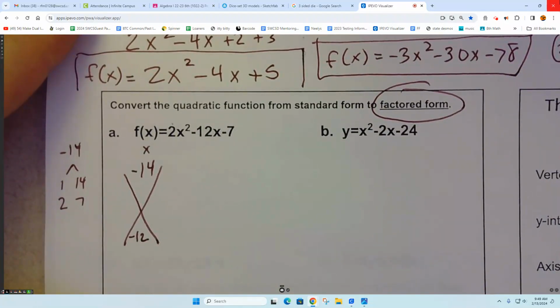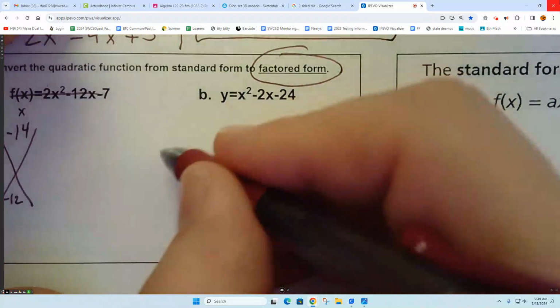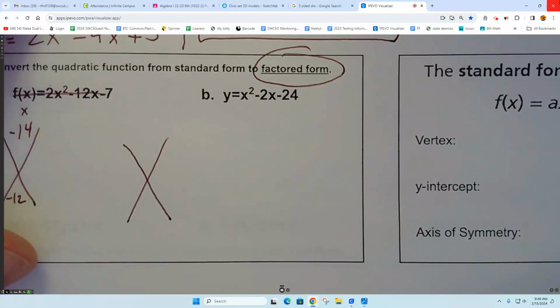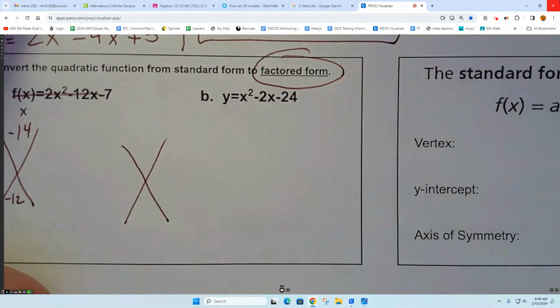I think this is a bad problem. Factor this one. That's weird. That's the first mistake I've ever made in my life. Prime. It is prime.